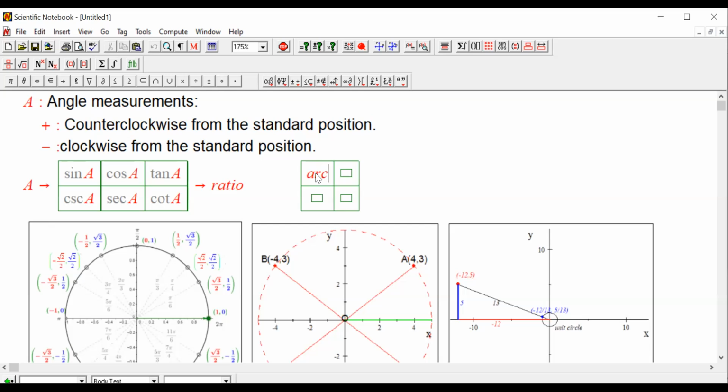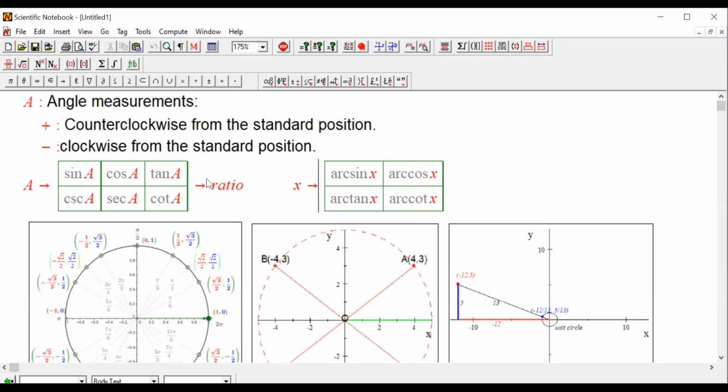So arcsine of x, arc cosine of x, arc tangent of x, arc cotangent of x.